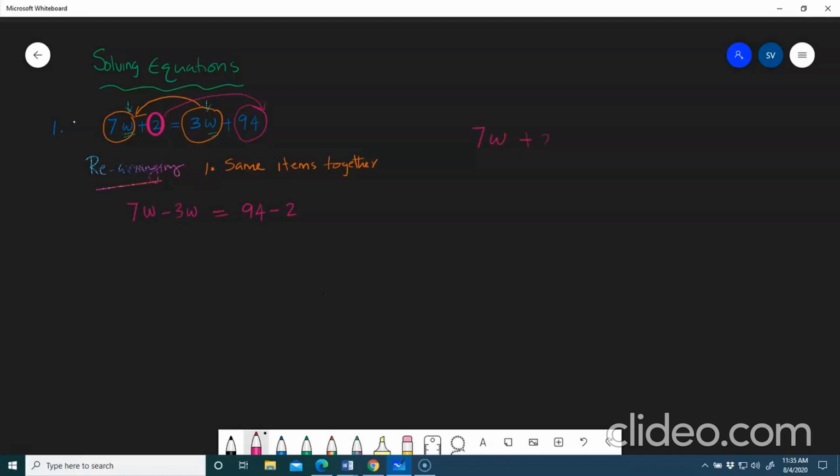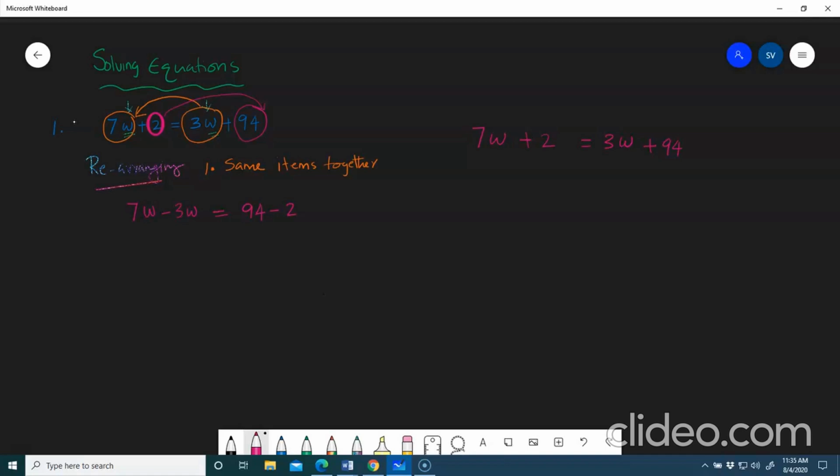Okay, the same thing I can explain like this. 7w plus 2 is equal to 3w plus 94. Instead of saying dragging this item to the other side, I would say eliminate, because 3w is dragging. So that 3w is eliminated from both sides.